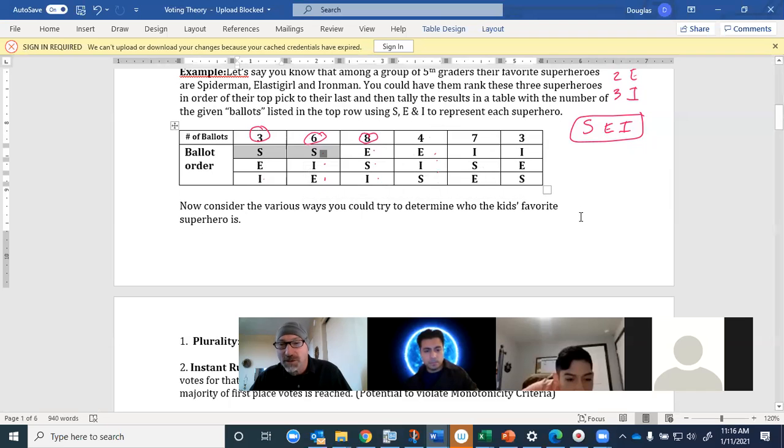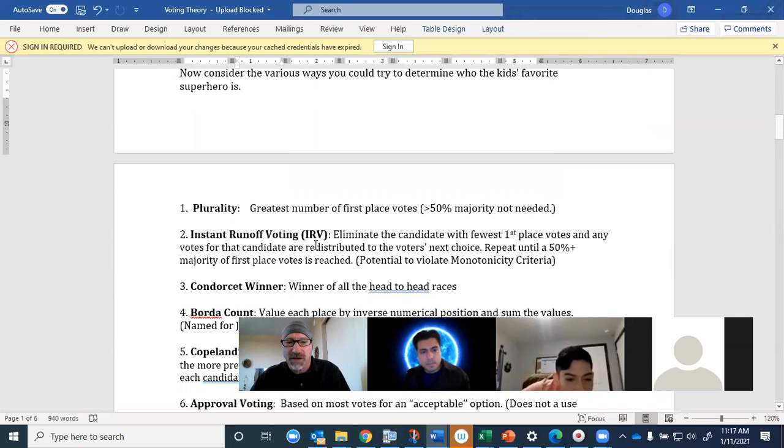If you were doing a vote in Maine, they removed the lowest first place vote getter and they moved the others up. Because Elastigirl was first on 12, but second only on 3. Iron Man was first on 10, but second on 6. So he would win. Iron Man would win if you did what's called the instant runoff.